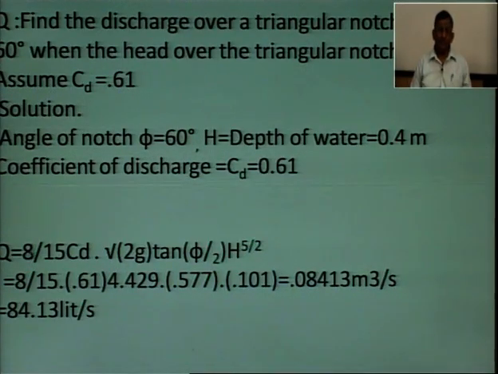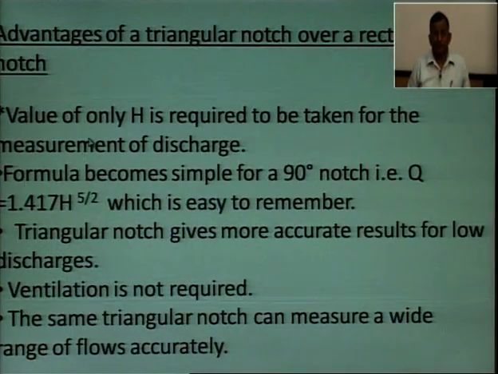Then the discharge is equal to 8/15 CD root 2g tan(theta/2) H raised to power 5/2. We substitute CD, g as 9.81, tan(theta/2) and H which is given, raised to 5/2. We take its value and calculate so many cubic meters per second, and we multiply this to get so many liters.